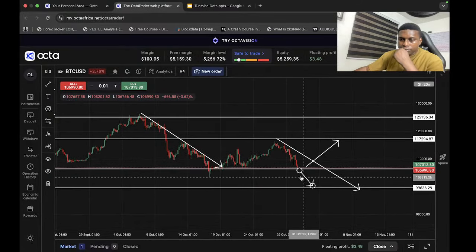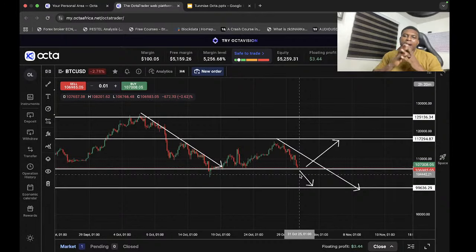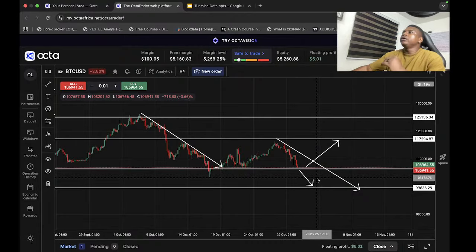My outlook on Bitcoin is a bearish momentum, where if price breaks out of the 106k mark, there is a higher likelihood that we will touch the 100k mark, which is the next support zone.